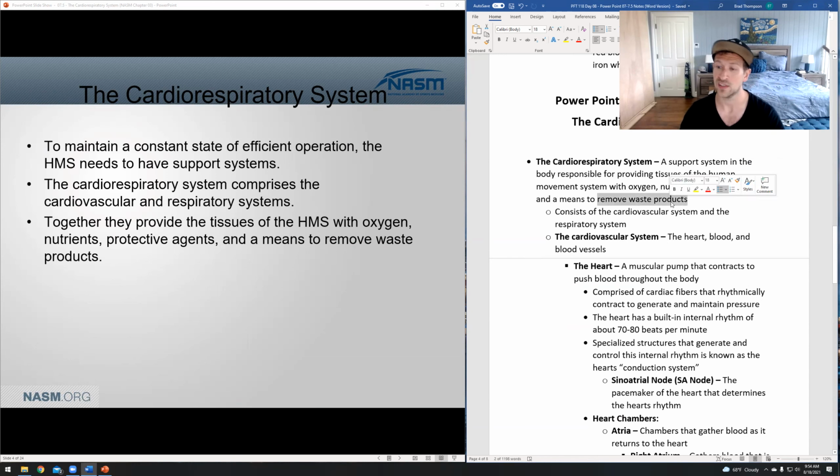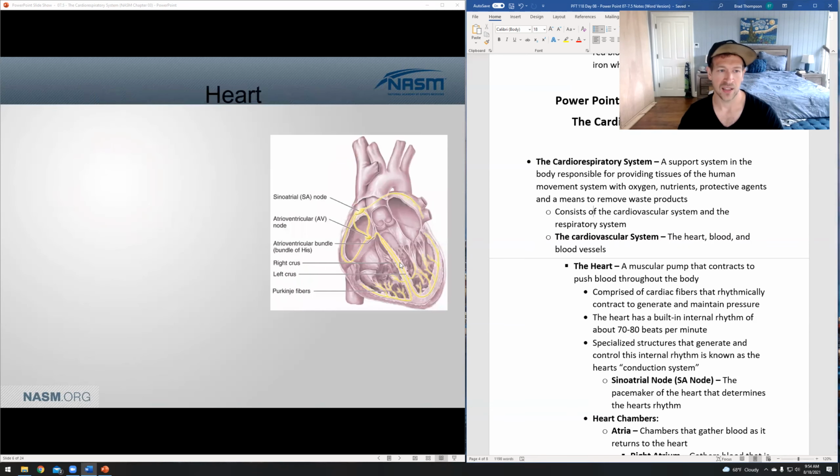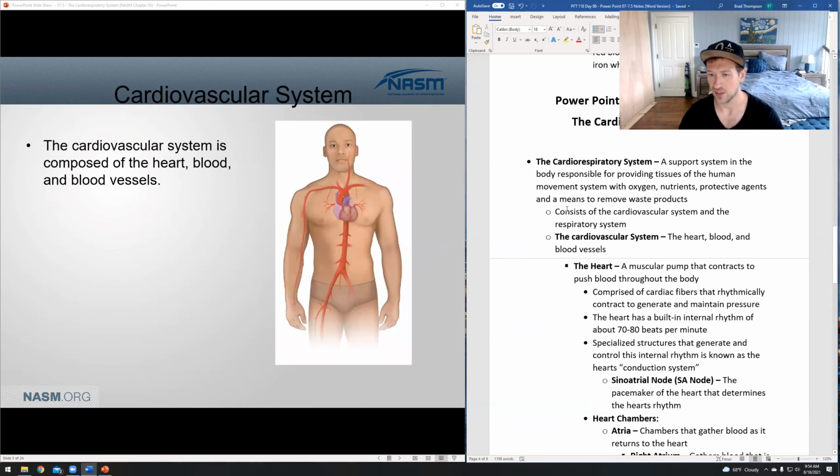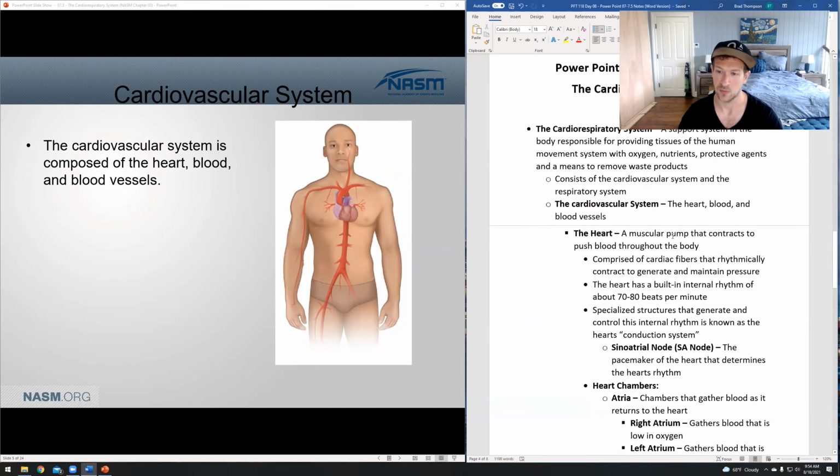And then we are removing CO2 from the body, so that's where your blood and your lungs are really working together. Your heart is powering the whole thing, and your blood vessels allow everything to transport around and travel. So it consists of the cardiovascular system and the respiratory system working together.